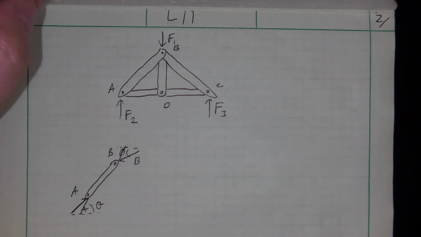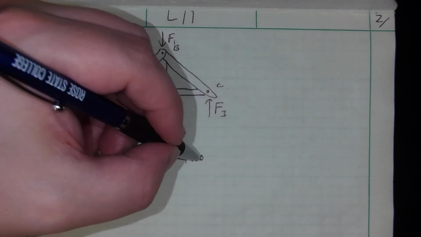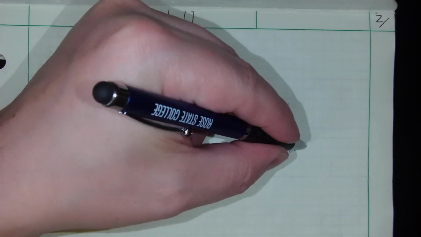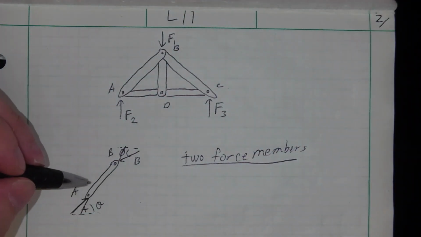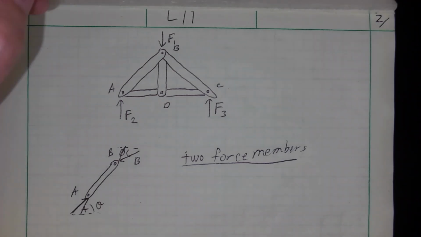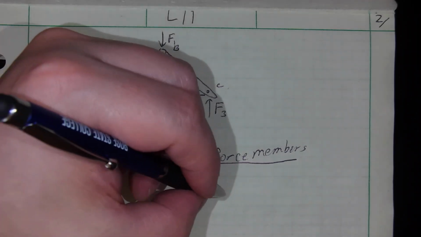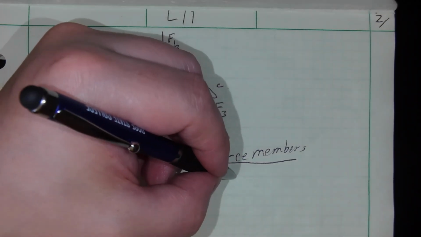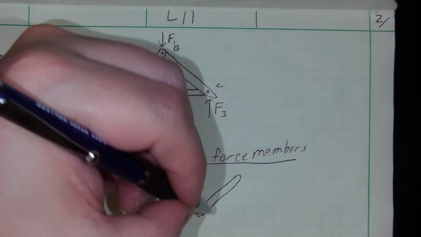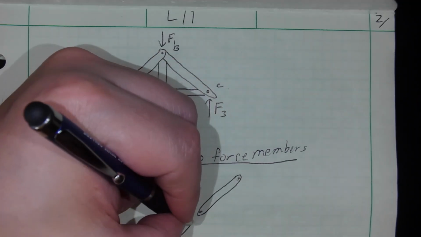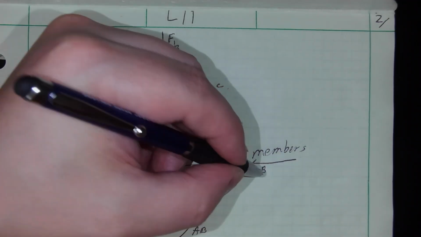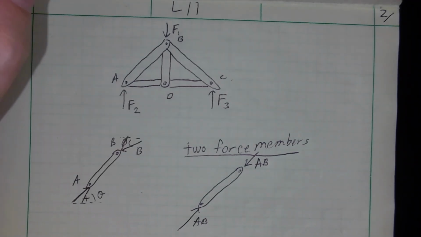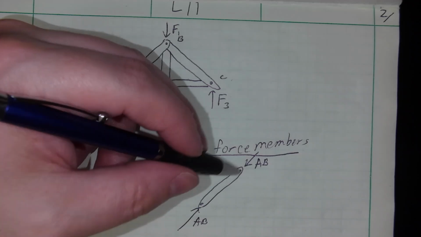If this is what we're looking at, if you remember in chapter 5, we talked about this concept of two-force members. If I've got an object where there are only two forces acting on it, the only way those two forces can cause equilibrium, where it's not moving and not rotating, is for those forces to be equal and opposite, collinear. Because if they're not collinear, we have a moment being caused here.